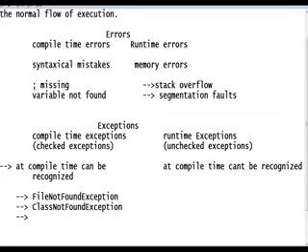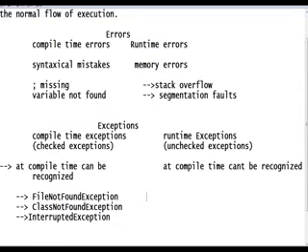We have different compile time exceptions, interrupted exceptions. We have many checked exceptions, right?